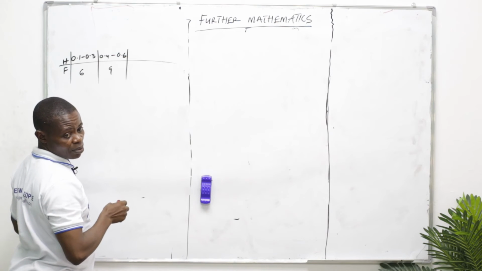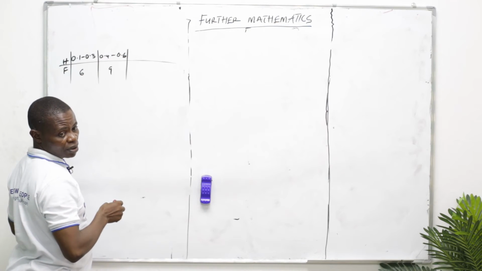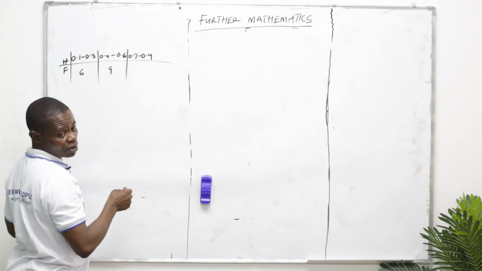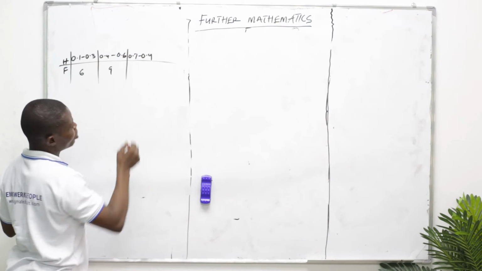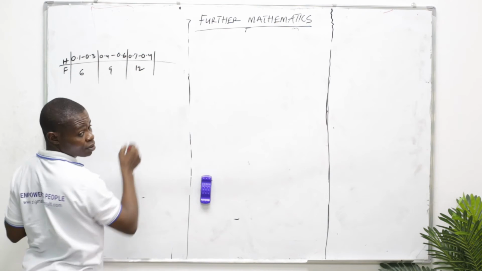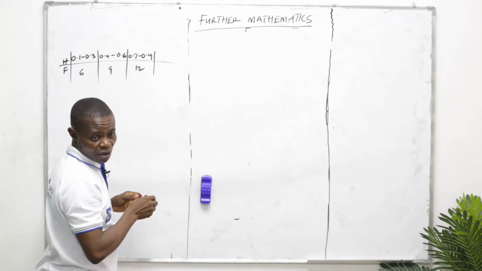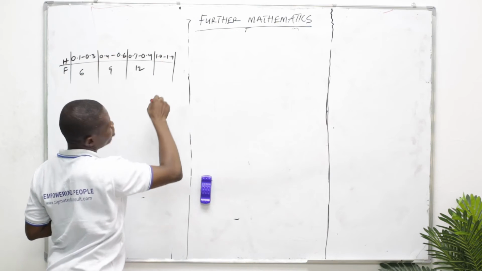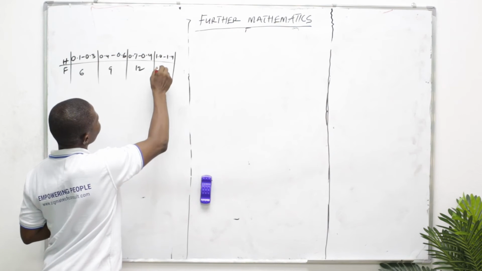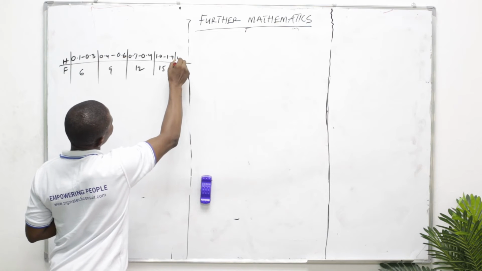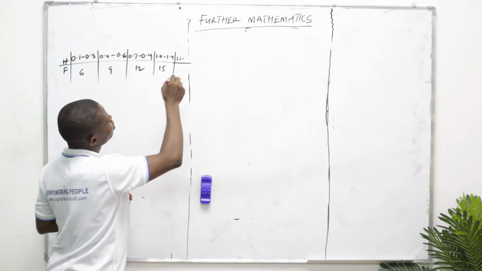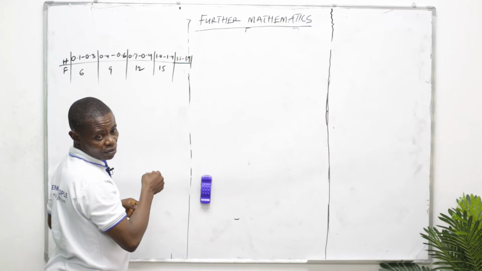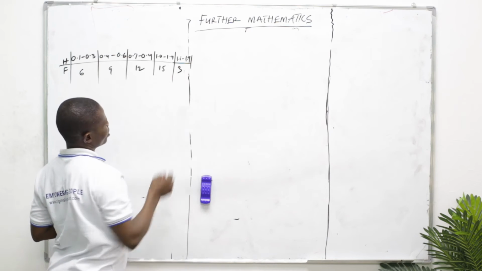Another one is 0.7 to 0.9, 12. Then 1.0 to 1.4, 15. 1.5 to 1.9, 3.